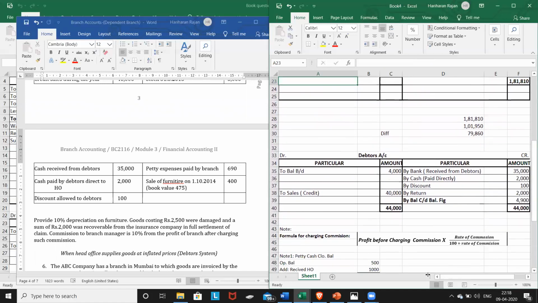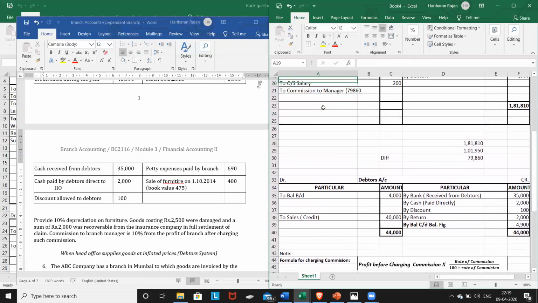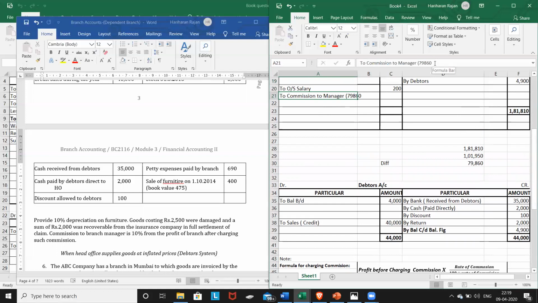Please make a note of the formula. Profit before charging commission, whatever is the profit, that is 79,860, into rate of commission, 10%, divided by 100 plus rate of commission, that is 110.